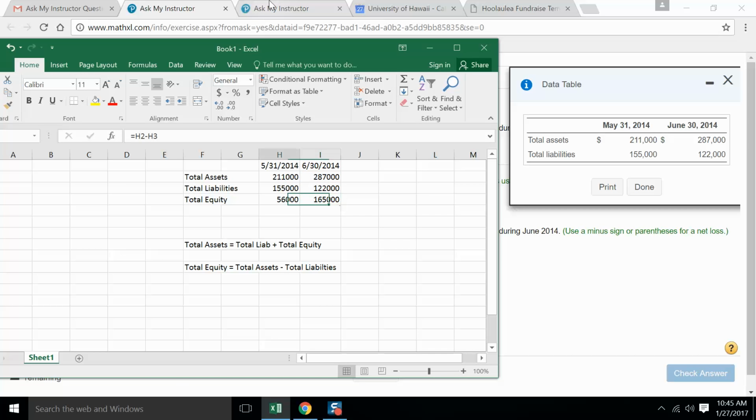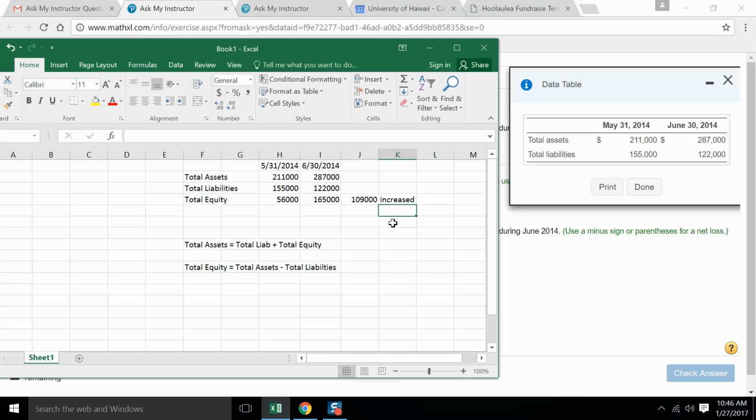Okay, so you got your total equity, and now you can figure out the change, right? So we can say that total equity went from 56 up to 165. So the difference is 165 minus 56. Total equity increased by 109. Okay, so we know that total equity increased by 109, right?